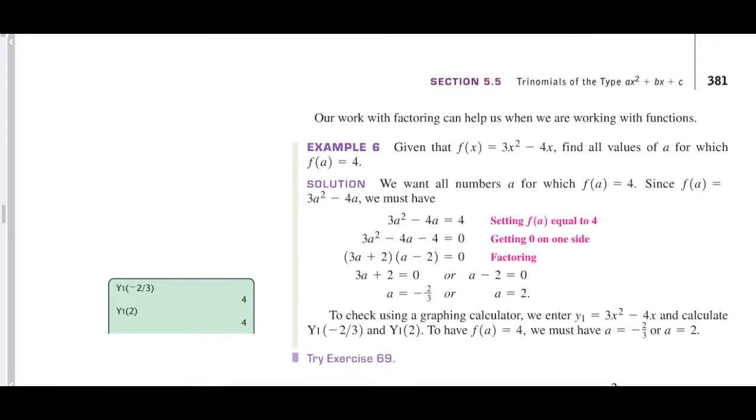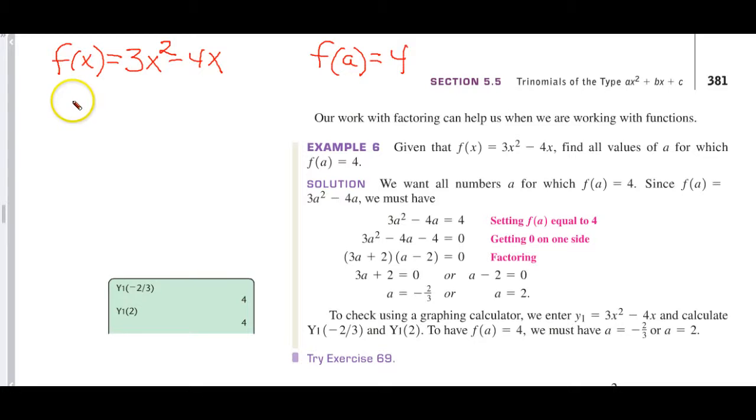Okay, let's do this one from scratch. So we have f of x is equal to 3x squared minus 4x. And they're all saying that f of a is equal to 4. Well, we can substitute the a for our x's here.